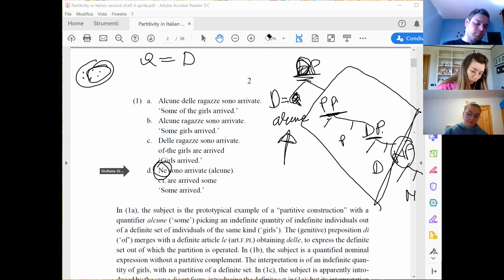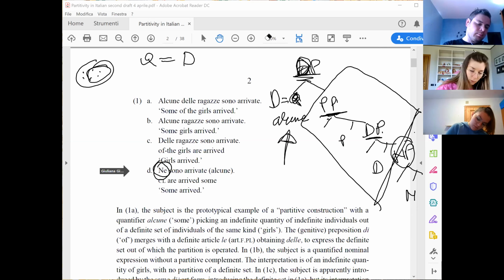It would be interesting to study it, because Sicilian, for example, uses ne a lot, because ne not only can resume the indefinite complement of a quantifier, as in one of the two versions of 1D, ne sono arrivate alcune, but it could also resume a bare noun, an indefinite noun with no determiner.